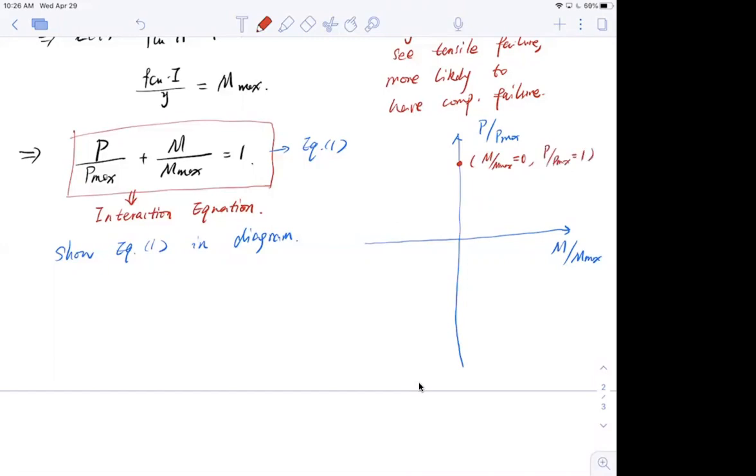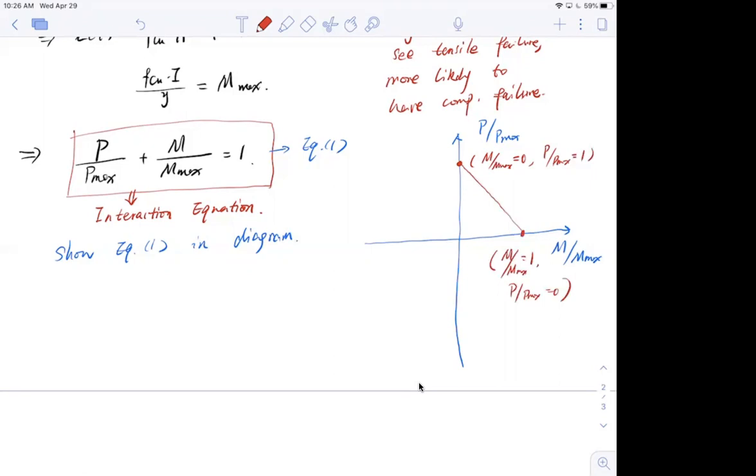And I have this point right here on the horizontal axis when M divided by M max equal to 1, P divided by P max equal to 0. Then the failure line will look like this. And this is for the compression side of it.